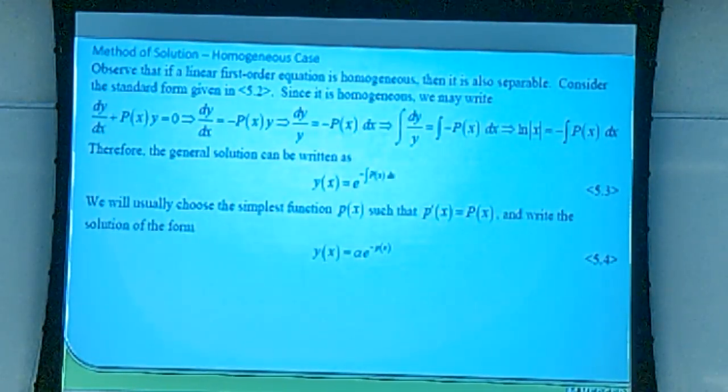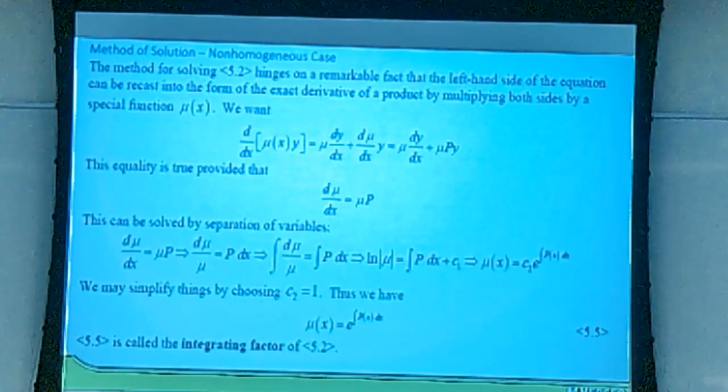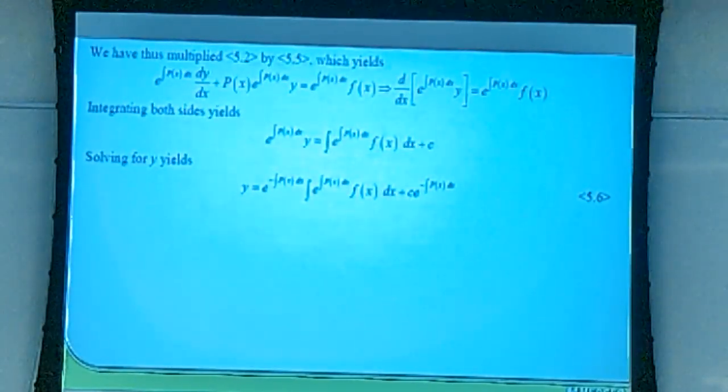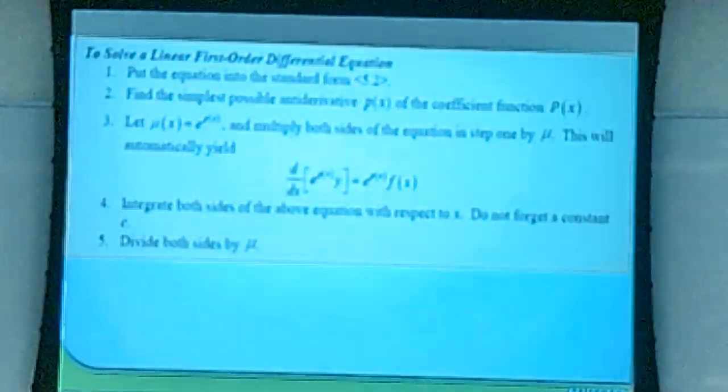I'll let you read through a lot of this. This is just kind of going into how we're doing relative solutions. This is the actual method. You first need to put it into standard form.